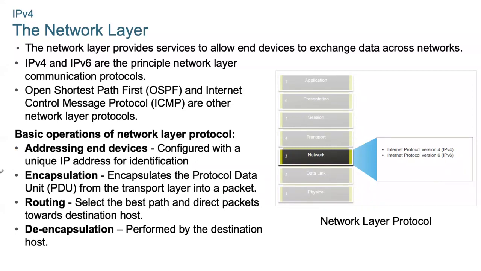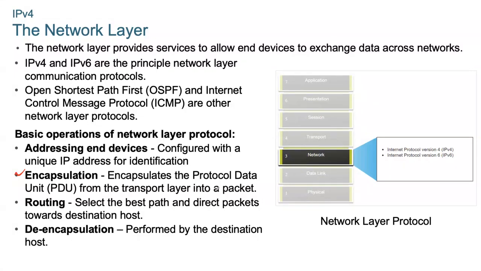Another one is, once it receives a segment from its upper layer on the sender side, that is the transport layer, those segments go through the network layer operation to generate the packets. Once the encapsulation is done, those packets go through the path established by the network layer to reach the destination.